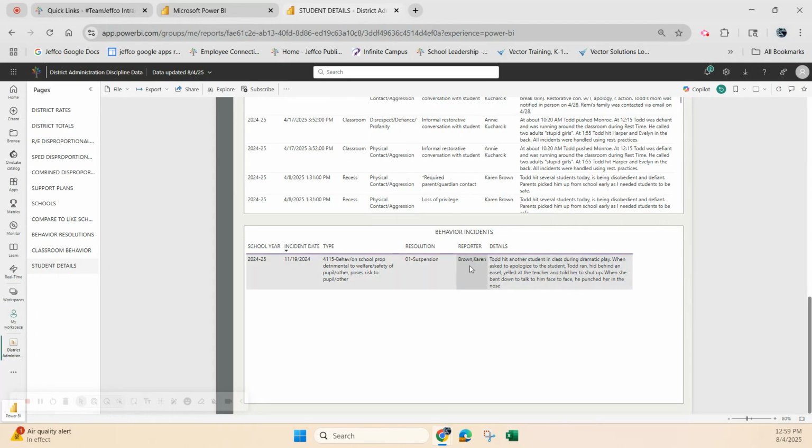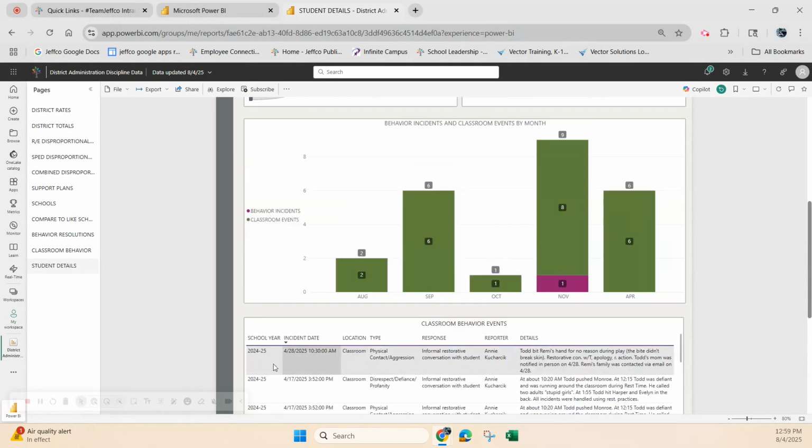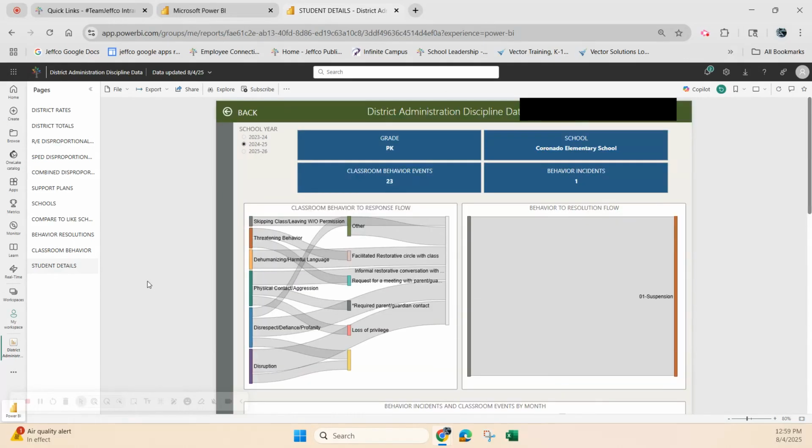So the details of that, who reported it, what the resolution was, and what the actual event code was that led to that resolution. So this is all really great data that can help your school teams dig in and identify who's struggling, what's happening at your school, and where you might need to target your interventions and supports.